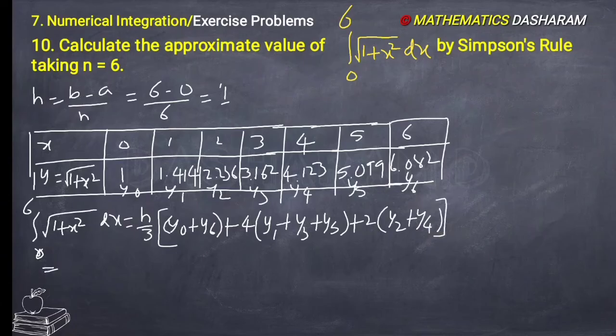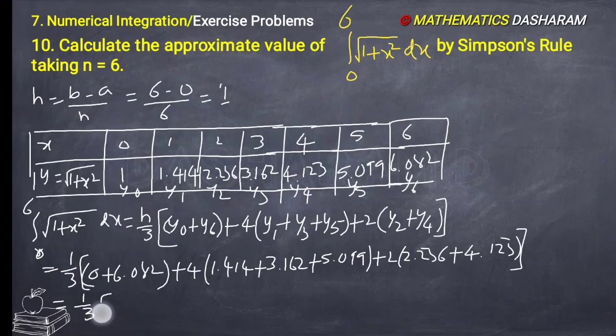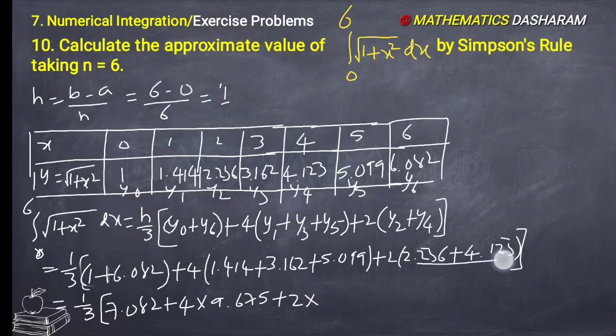Now substitute the values. It is equal to 1 by 3 bracket of 0 plus 6 point, sorry, here the first number is 1. 1 plus 6.082 is 7.082 plus 4 into addition of these three decimal numbers is 9.675 plus 2 into addition of these two numbers is 6.359.